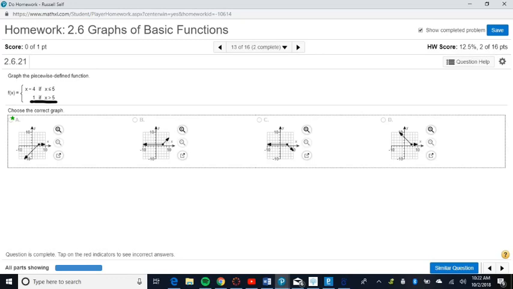But it can only be 1 if it's bigger than 5. Okay? Well, if it's always 1, that means that it doesn't matter what number x is, it's always 1. So it's always going to be just up 1. But that can't happen until it gets to 5, right? So that means it doesn't start until you get to 5.